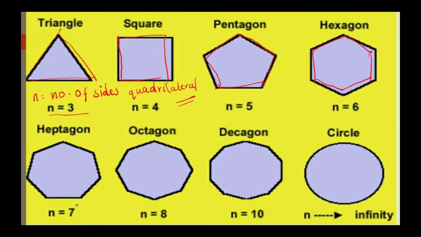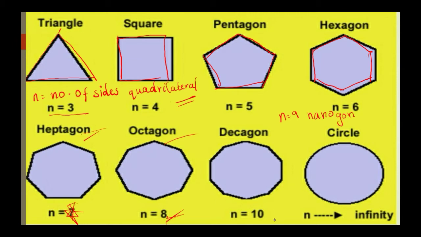If the number of sides is 7, it is called a heptagon. If the number of sides is 8, then it is called an octagon. If the number of sides is 9, if n is equal to 9, it is called a nonagon.